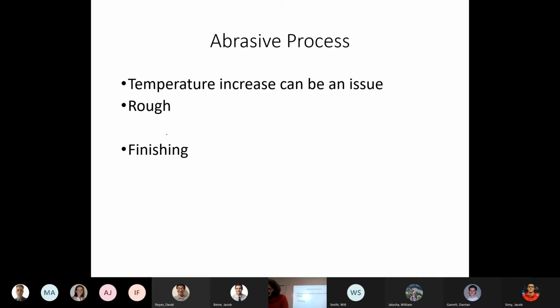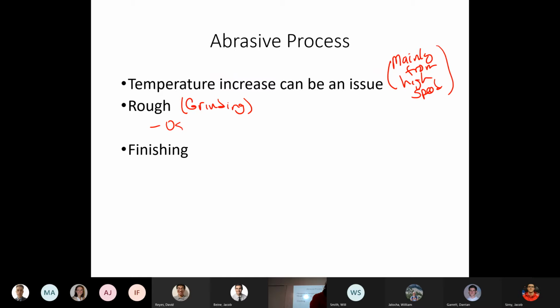With any abrasive process, the temperature increase can be an issue, and this is mainly from the high speed, because we see this correlation between speed and temperature. If we have a rough process, we're oftentimes looking at grinding.